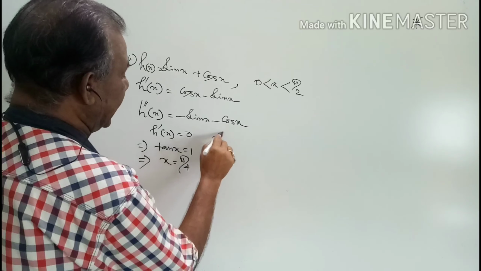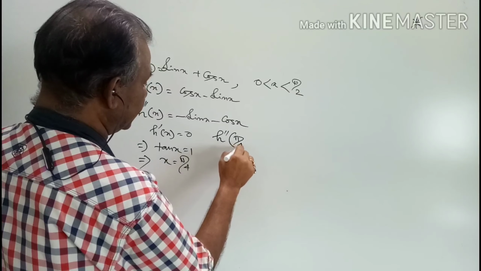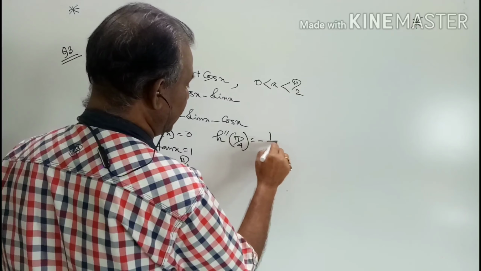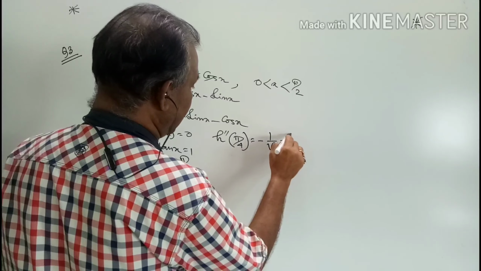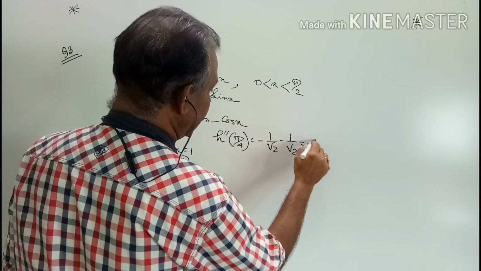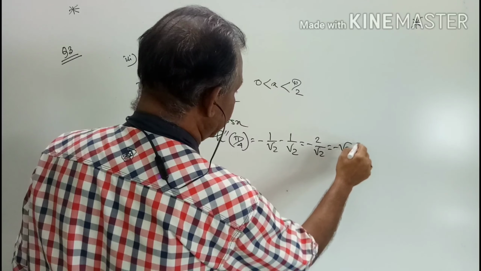Now h double dash at pi by 4 is minus sin pi by 4 minus cos pi by 4, which is minus 1 by root 2 minus 1 by root 2, so minus 2 by root 2, equal to minus root 2, which is less than 0.